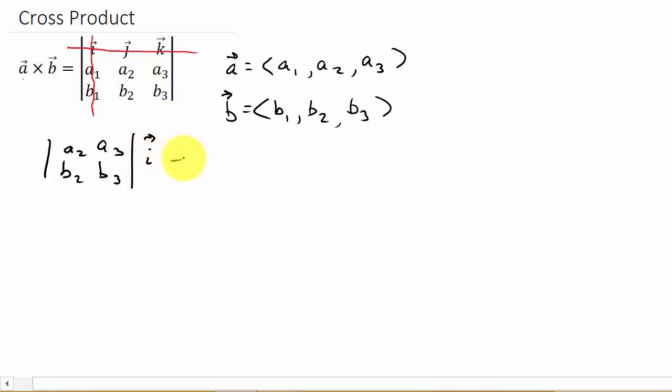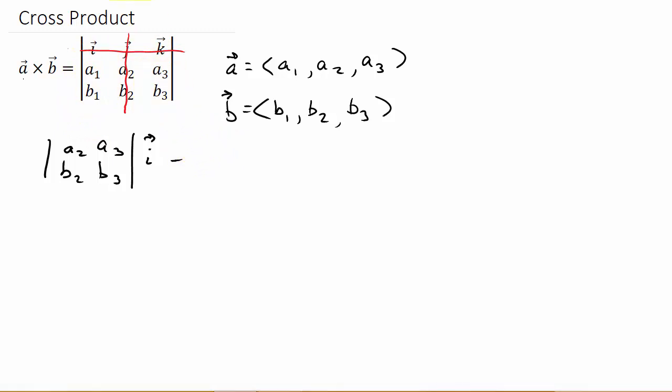And then it's minus, the signs are going to alternate. All this is just finding the determinant of a 3 by 3 matrix. You should know how to do it. So once again we've got the first row crossed out, and then I cross out the second column, and then you see this 2 by 2.